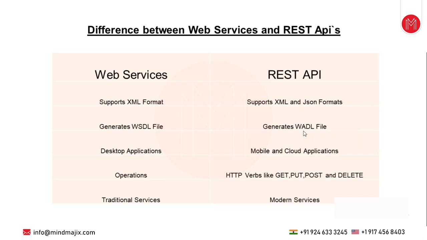Along with that, it has the format in which the response can be given, either JSON or XML. Based upon that selection, those details will be available in the WADL file.